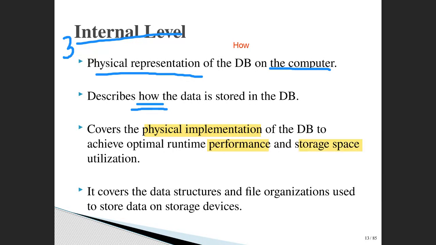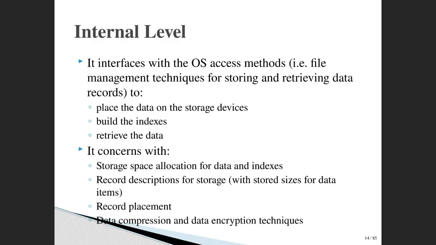And the data structure and the file organization. So everything mentioned here will be represented or considered at the internal level. So the file organization used to store on storage devices. Even the storage devices will be considered here. So everything about storing the data.